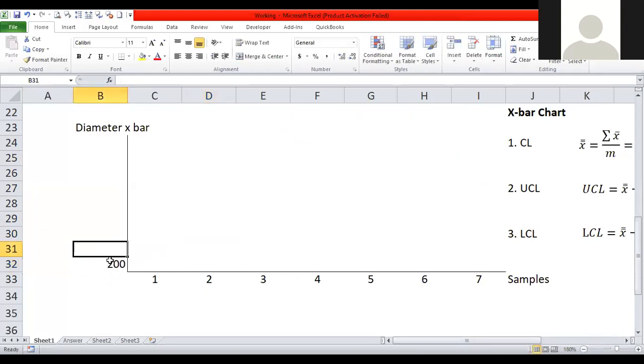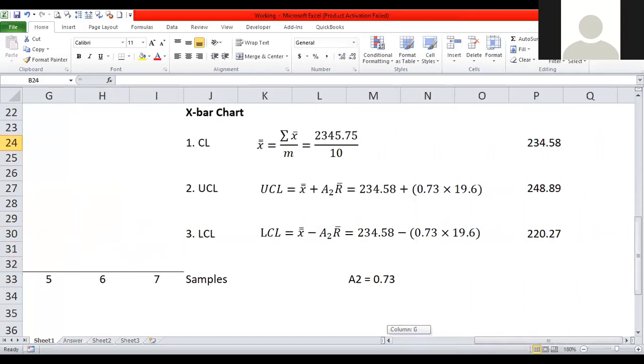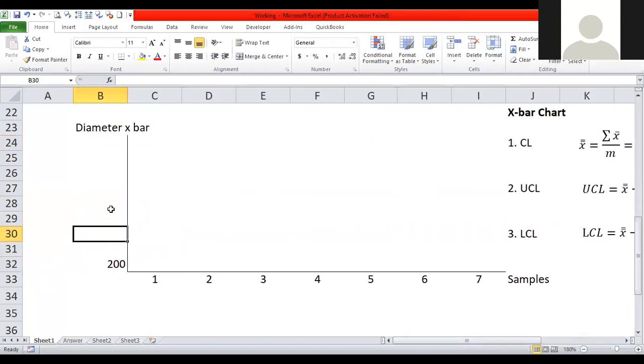You will start from 200, then the maximum maybe 248, 250, right? So 10, 20, 30, no, not enough. 5, 10. So like we're here 260, then here 240, then here 220.